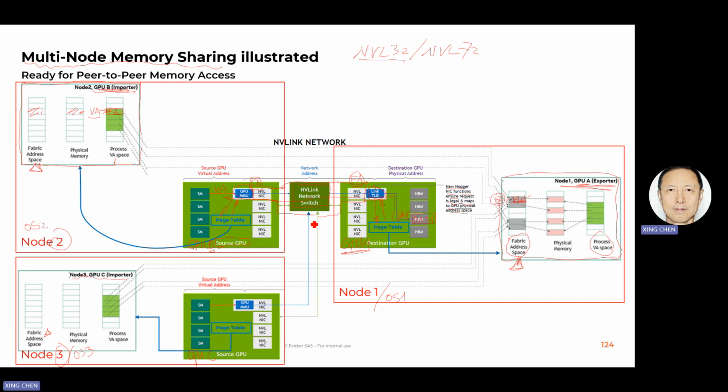This line in blue and this line in green are the physical links that the data and the request will be sent on top of. The request and the data will be transferred from a GPU to the network, and from the network to the GPU. This line stands for the real physical links.